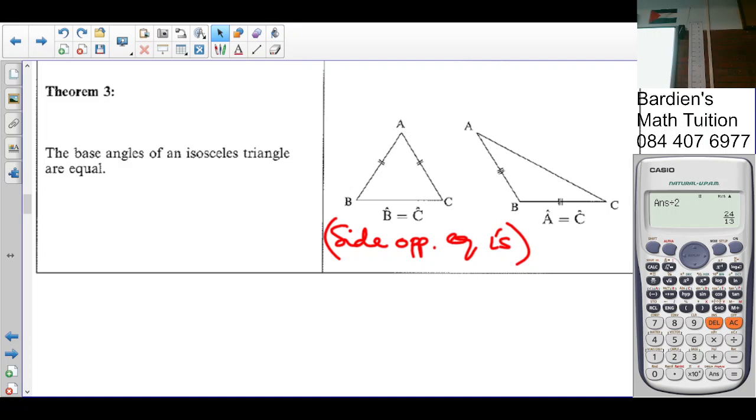If we use that theorem, theorem 3, the reason is sides opposite equal angles. What type of triangle is this? An isosceles triangle. Not so? Which means 2 angles are equal, which will result in 2 base angles being equal.